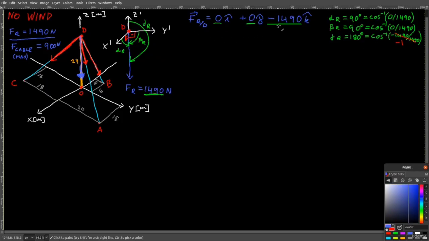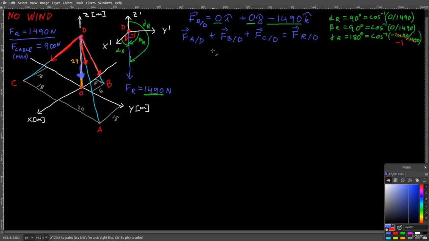And so how did we get our resultant vector in the first place? Well, we added up these three vectors, right? You had force A with respect to D, plus force B with respect to D, plus force C with respect to D, and you got your FR with respect to D. Now, obviously, we don't know what these three forces are.